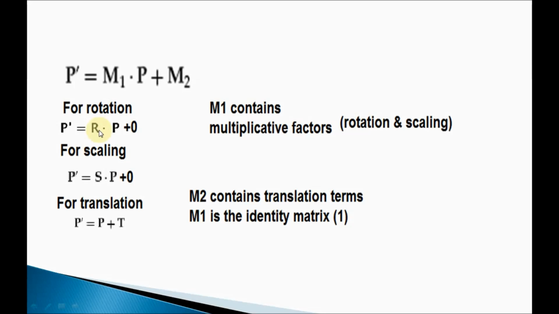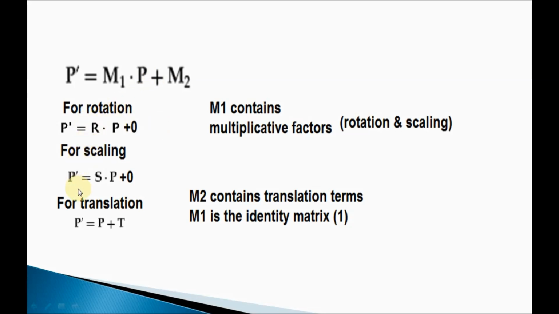P is the same old point, but M2 is 0. Why is M2 0? I told you M2 is used only for translation. That's why I made it 0. This is the general equation, but I altered it for rotation.